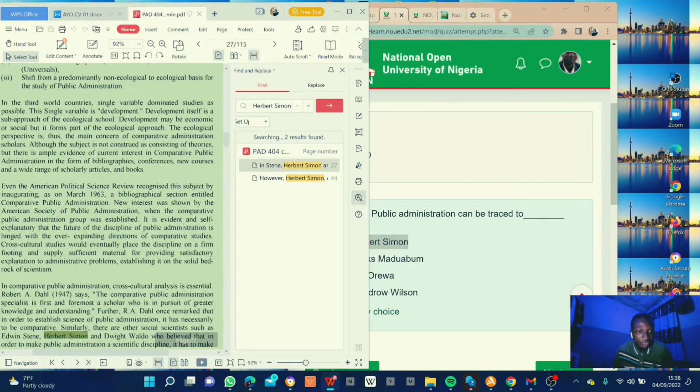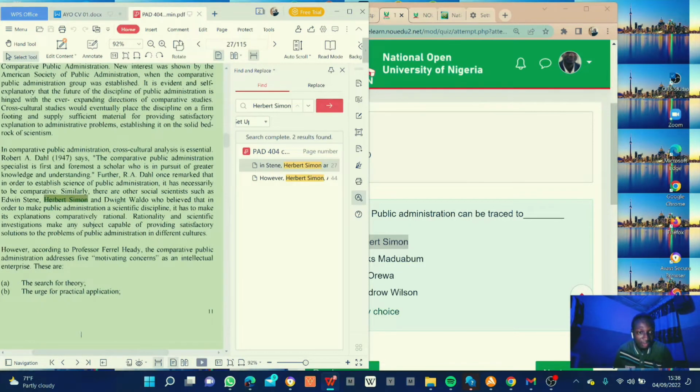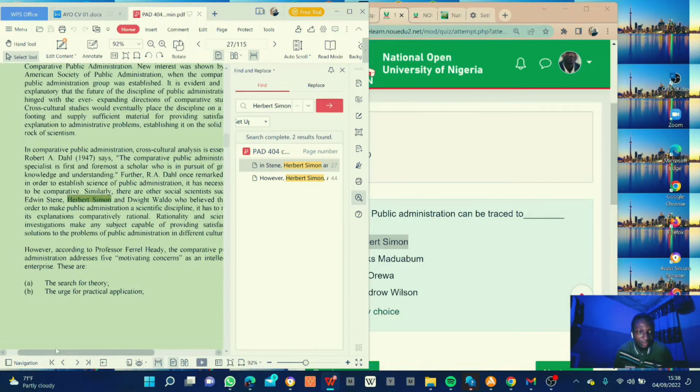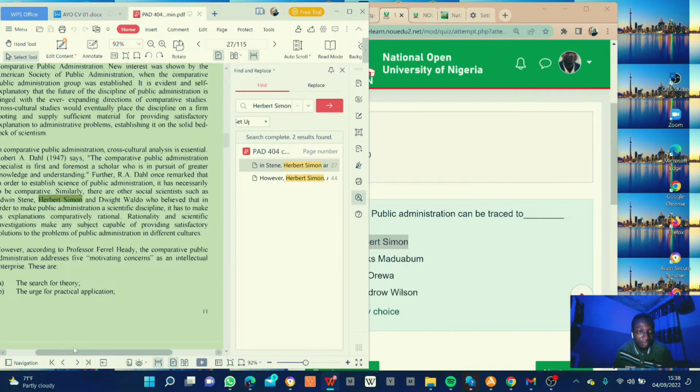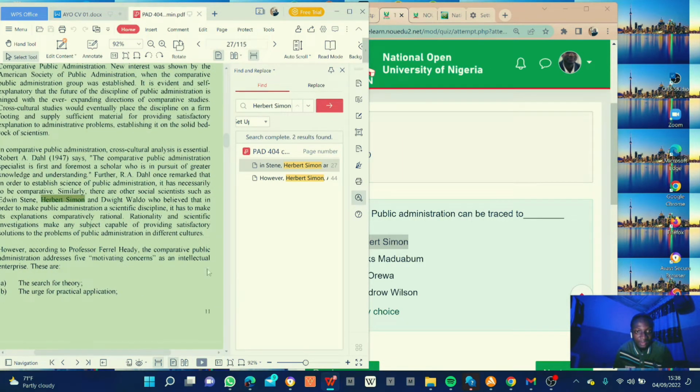There are about 2 results, and from what we can see here, similarly there are other social sciences, not what we are looking for.